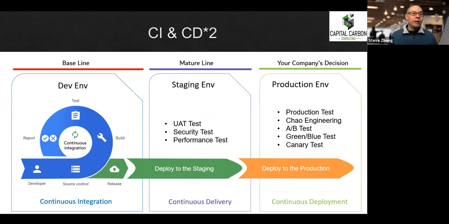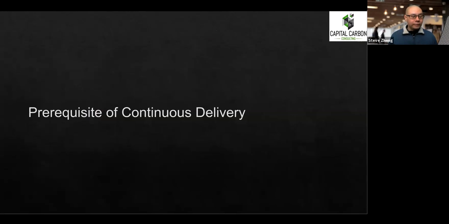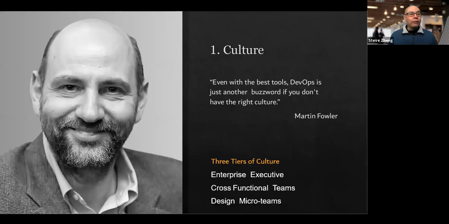Now you already know CI, continuous delivery, and continuous deployment. On the next page, let's talk about the prerequisites of continuous delivery. First one, culture.